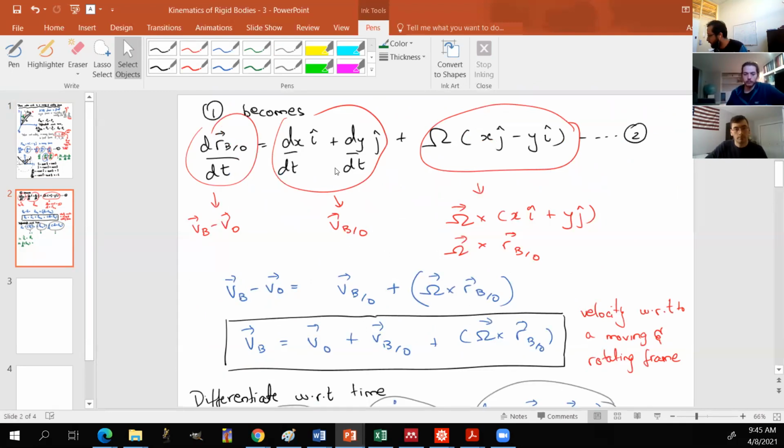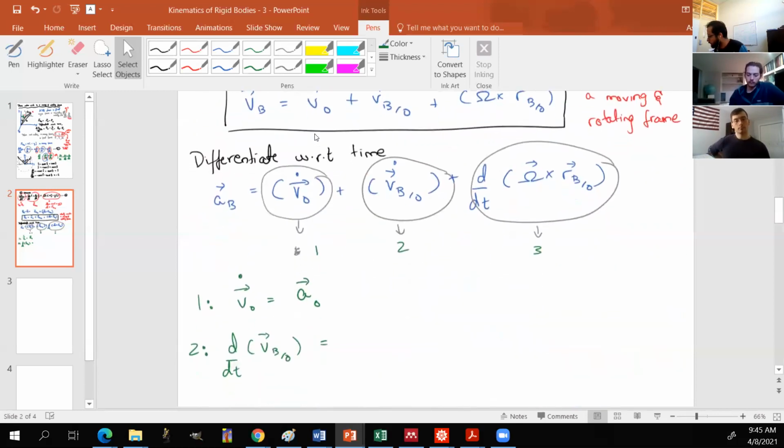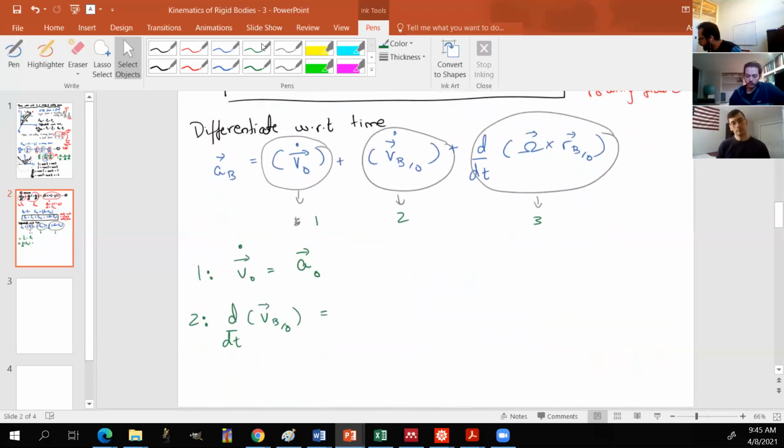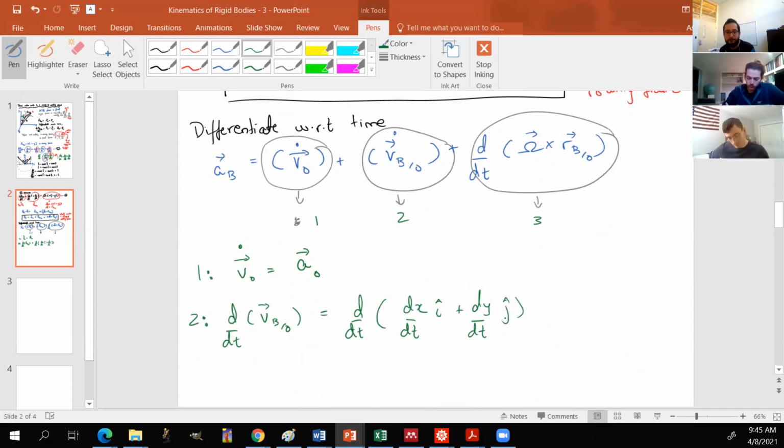So that is equal to the derivative with respect to time of dx over dt i hat plus dy over dt j hat.